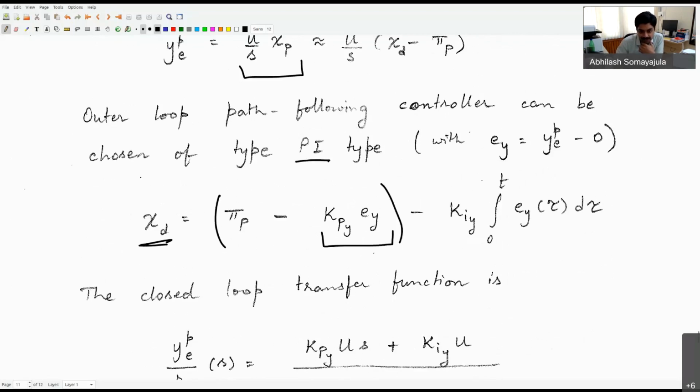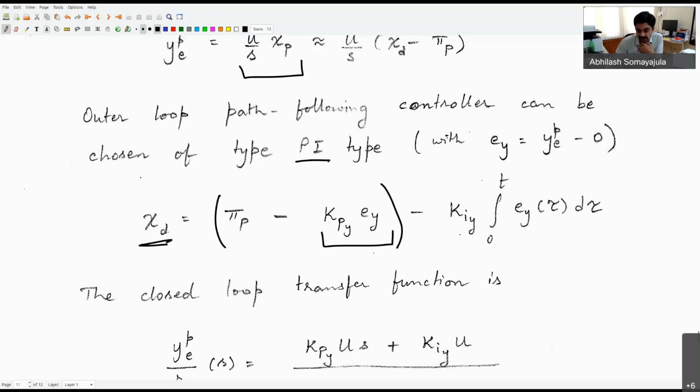And if it is only up till this much portion, you can already see that it starts looking like our LOS guidance scheme as long as that Kp value is 1 by delta. Everybody with me? It looks very much like our LOS guidance scheme, proportional LOS guidance scheme.